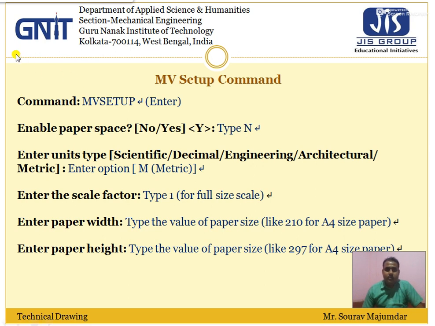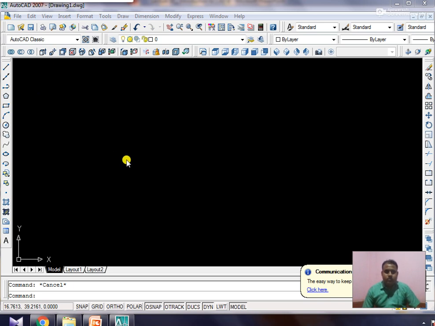So now come to our AutoCAD screen. Okay, so this is our AutoCAD screen in front of you. Okay, and in the last class I have already told you that in my laptop, the AutoCAD 2007 version is installed.